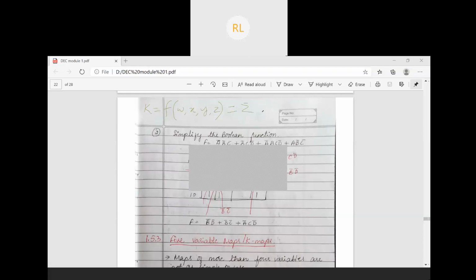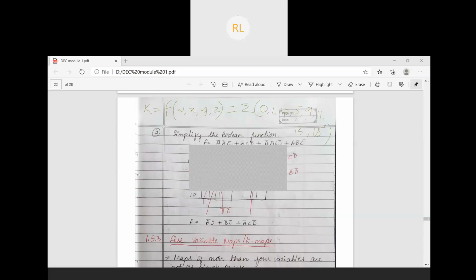K is equal to summation of 0, 1, 4, 5, 9, 11, 13, 15. So how many ones will you have? 1, 2, 3, 4, 5, 6, 7, 8.